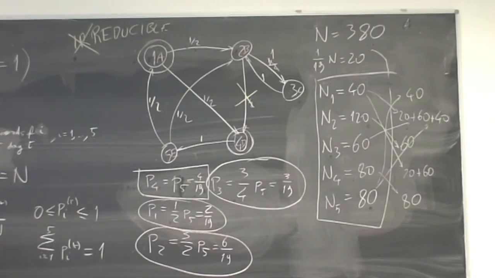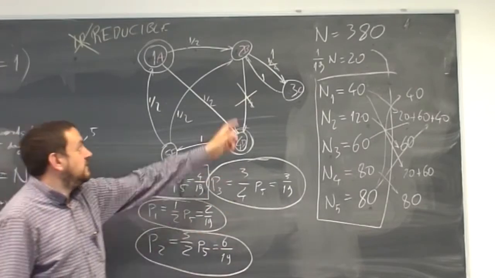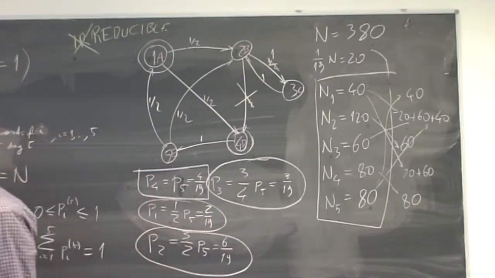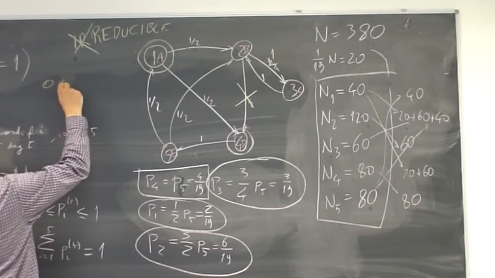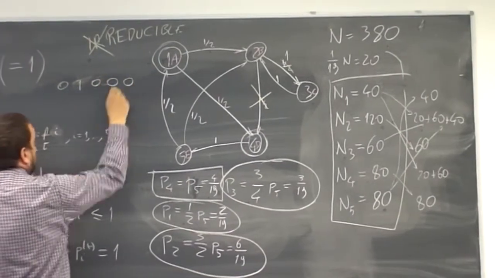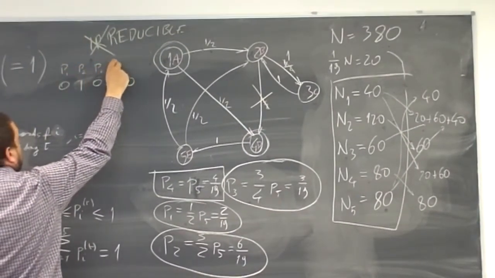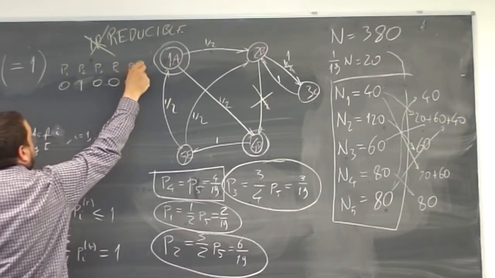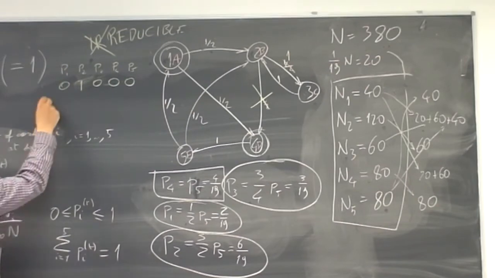Okay, if you give all cards to B, let's simplify. We only have one card. Okay, we give the card to B. Now the system will be, we have P1, P2, P3, P4, and P5. All cards to B at time t.